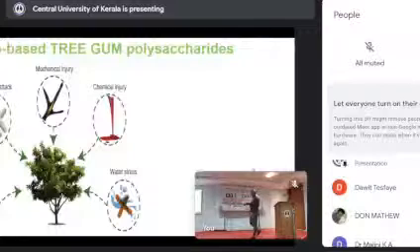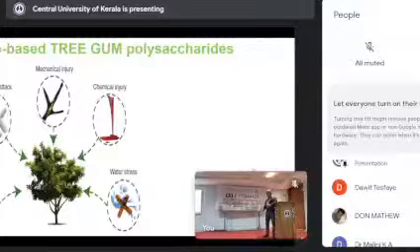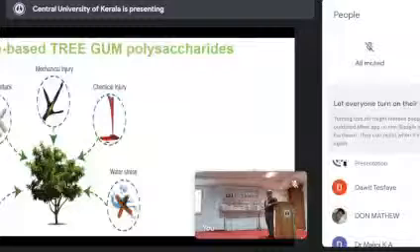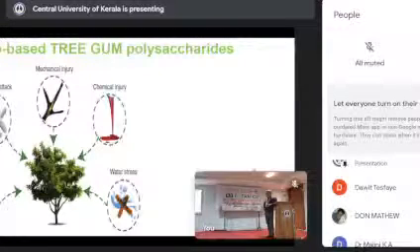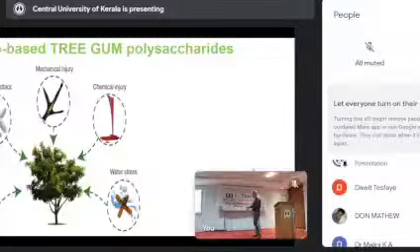So what are the different mechanisms by which the tree produces this gum? It can be by microbial attack, mechanical injury of the plant, chemical injury, water stress, and insect attacks.